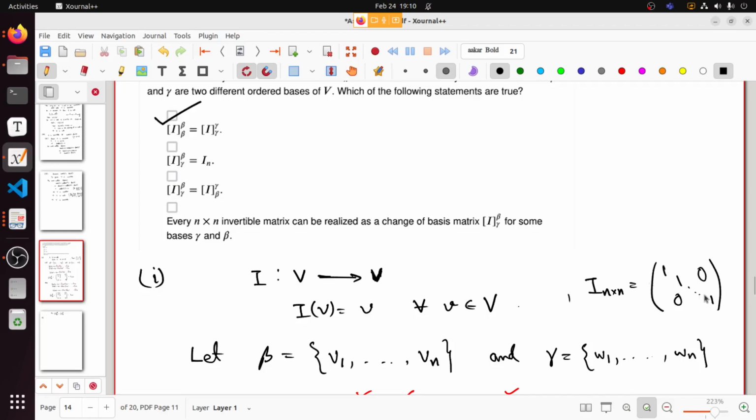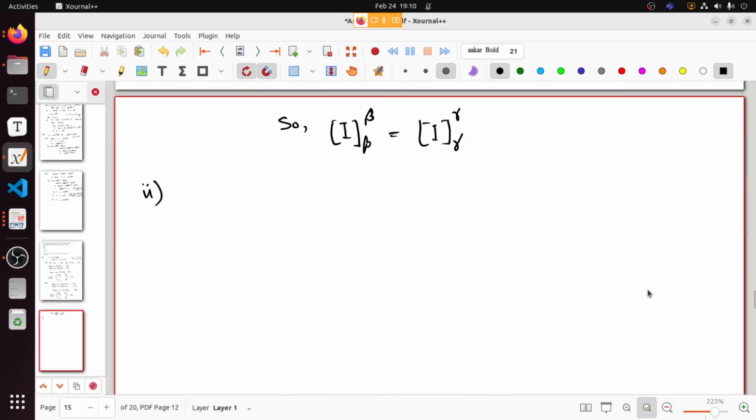Let's see by an example. Let's take gamma to be 1 0 and 0 1. These two are a basis of R2.